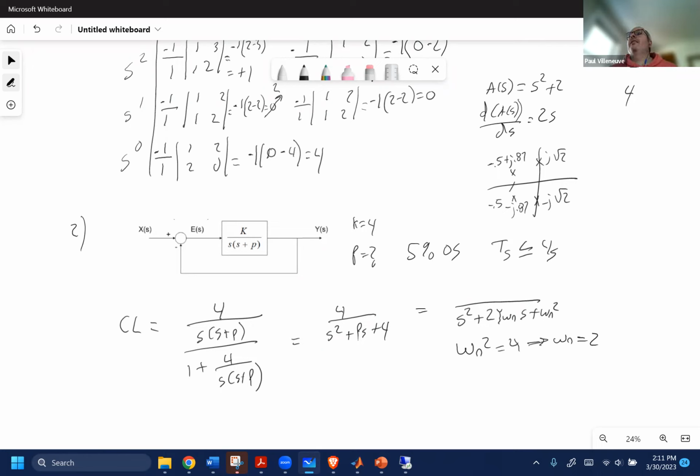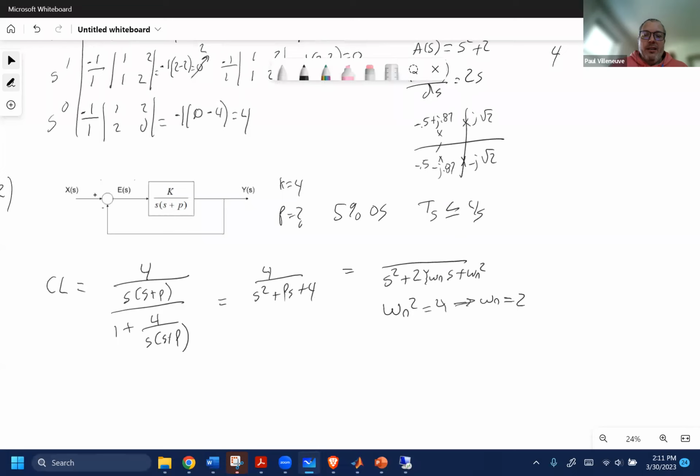Let me just double check. Yeah. Now my P is going to be equal to 2 times zeta times omega sub n. I have omega sub n here; I need to solve for zeta.